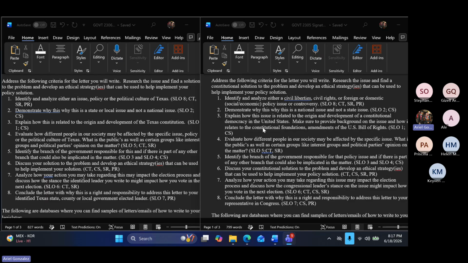And again, if we're going back to Texas government, I'm not necessarily asking you to go through the Texas Constitution word for word, because that's going to take weeks. For those of you who are in Texas government, you know what I'm talking about, right? The Texas Constitution is extremely lengthy. But maybe talk a little bit about how, because Texas has had a history of being its own independent republic, they're probably going to be a little bit more... What's the word I'm looking for?